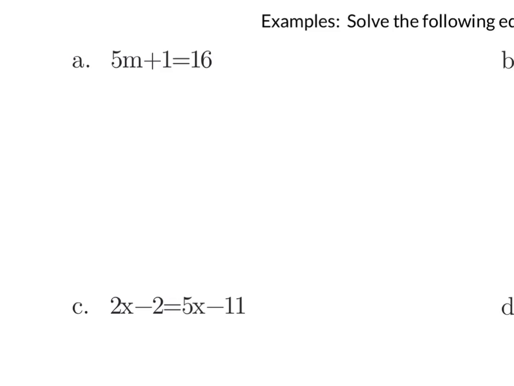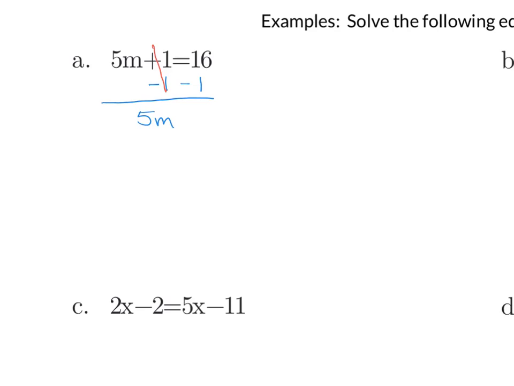So the first thing we want to do is get all variables on one side and all constants on the other. All of my variables are already on the left, so I want to move my constants to the right. In order to do that, to get rid of plus 1, I'm going to subtract 1. If we do this on the left, we get 5m.